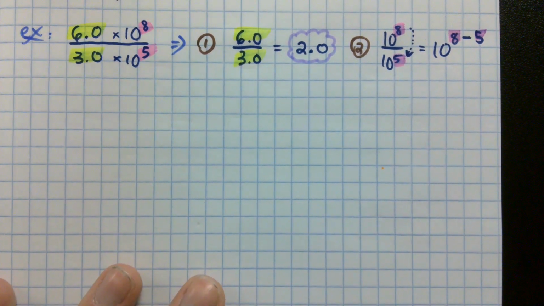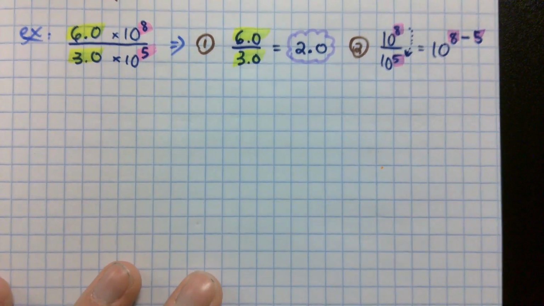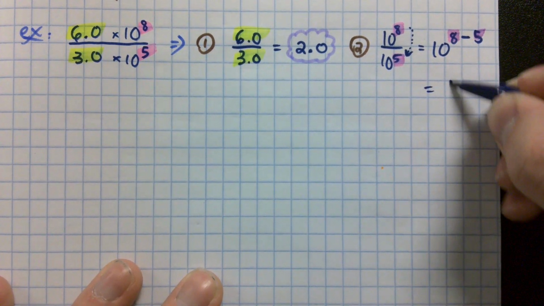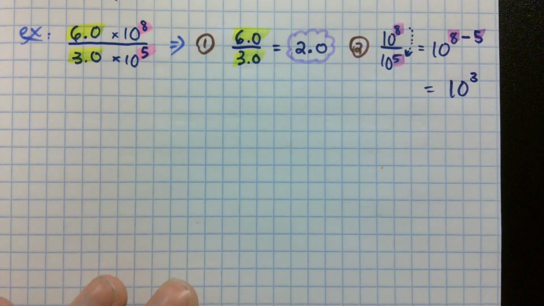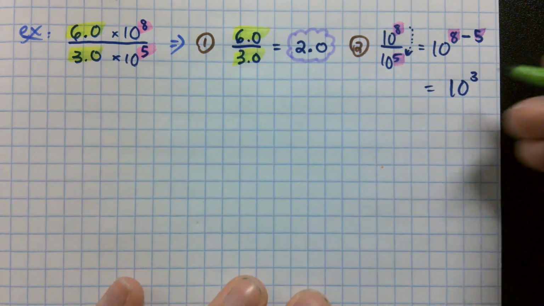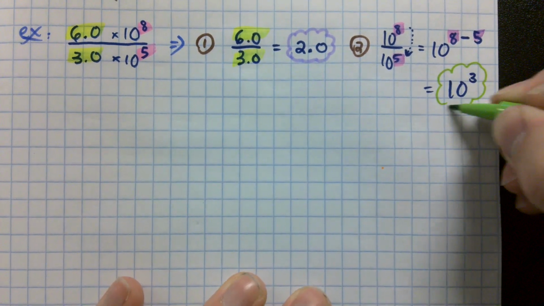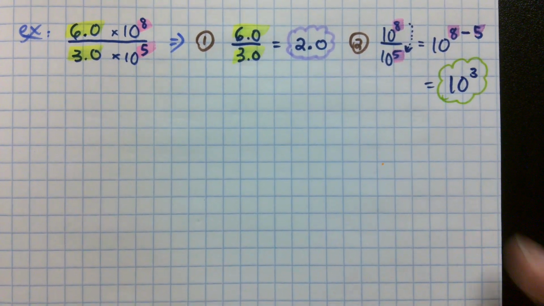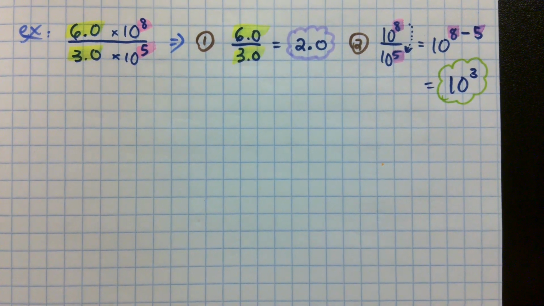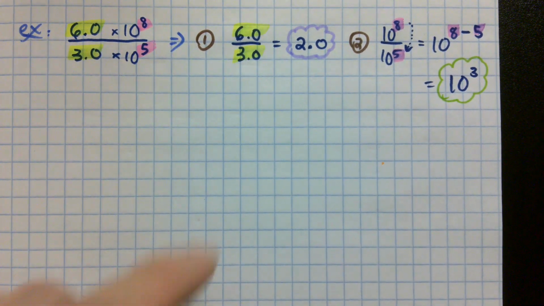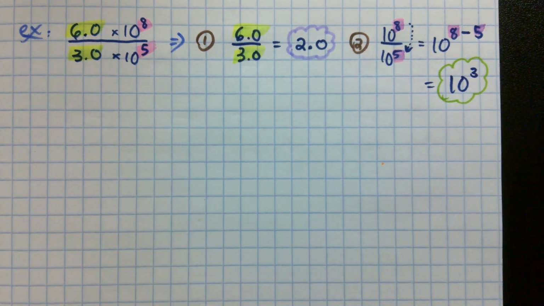Close. What's 8 minus 5? 3. 10 to the 3rd power is our new power of 10. Sorry, I ran out of room there. 9 minus 5 would give us 4.